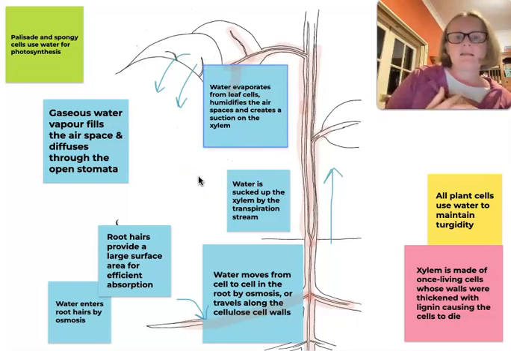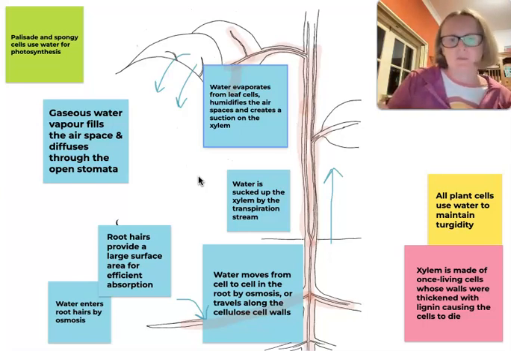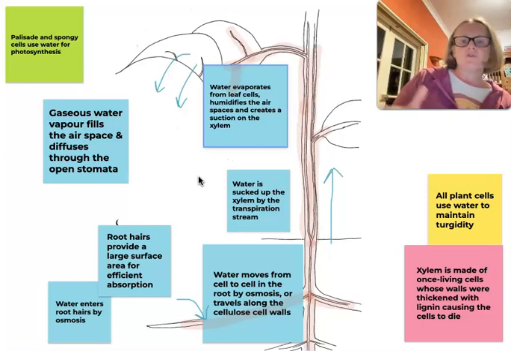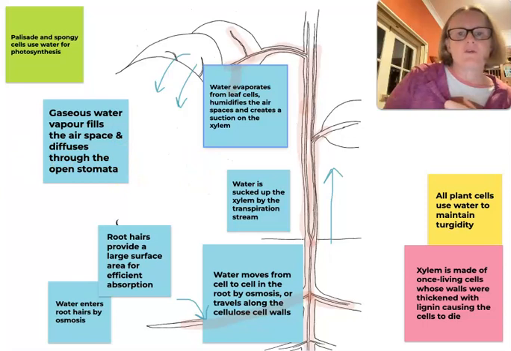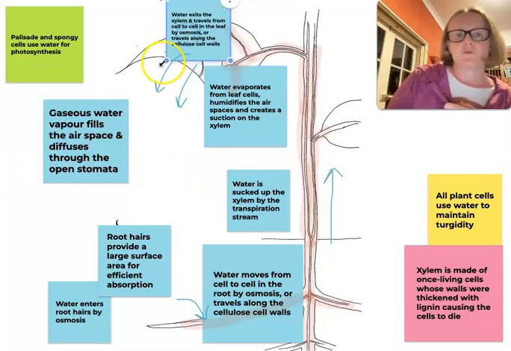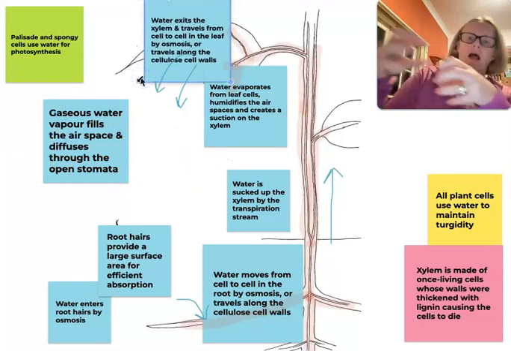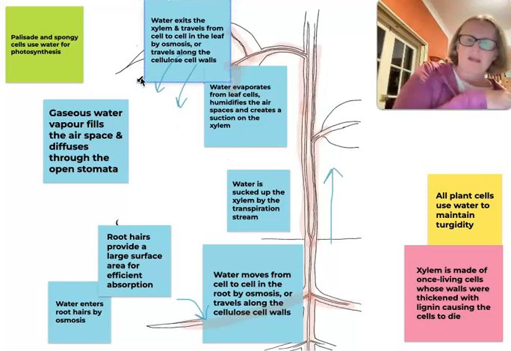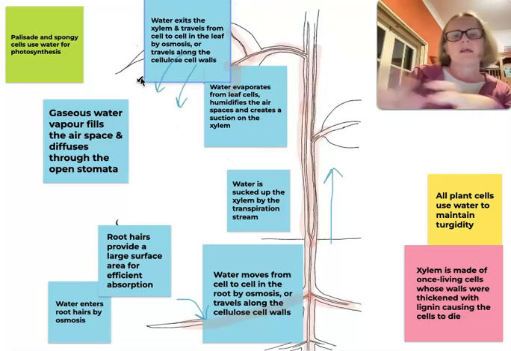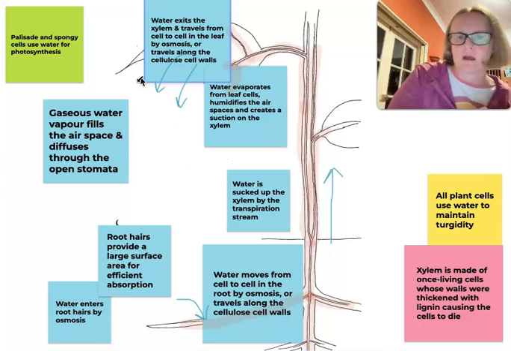As each cell humidifies the air spaces around it, it's going to cause a bit of a suction on the xylem. And that xylem is going to provide water for the cell next to it. The water will move and then evaporate into the airspace and out of the leaf. And that's causing more of a pull from the xylem.